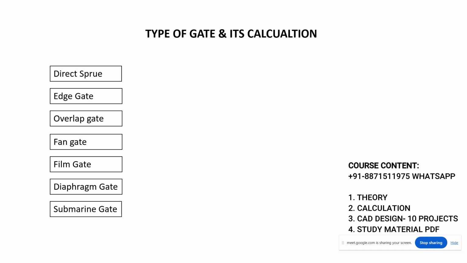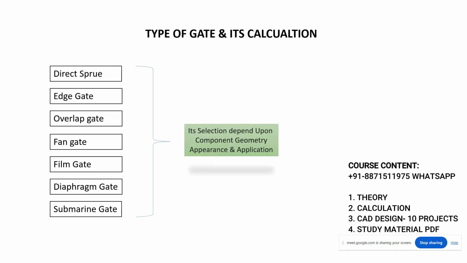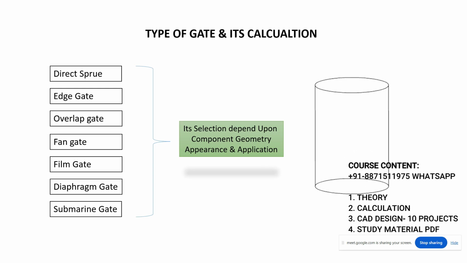Understood? Okay. Now see the types of gates and their calculation. There are these types of gates: direct gate, edge gate, overlap gate, fan gate, film gate, diaphragm gate, submarine gate. The selection of all these gates depends upon the component geometry, appearance, and the application.